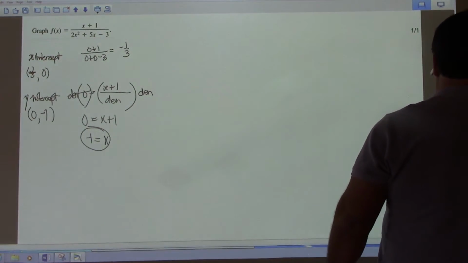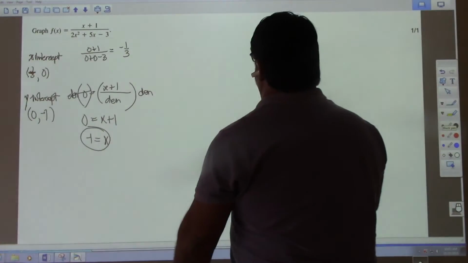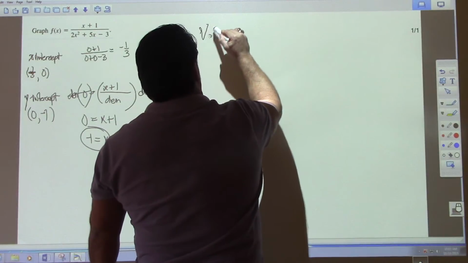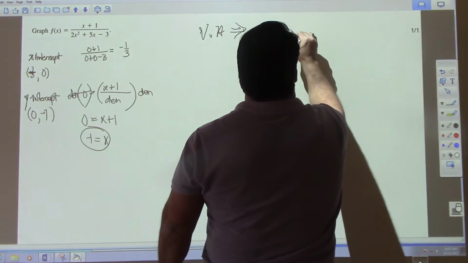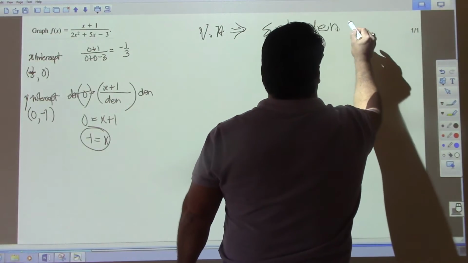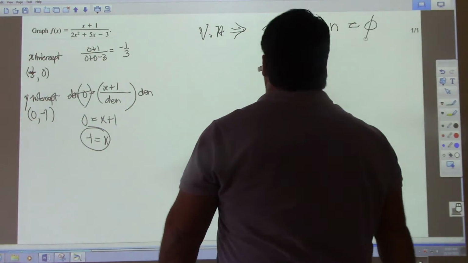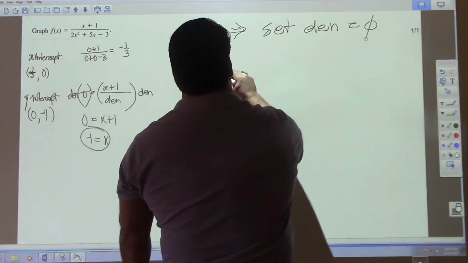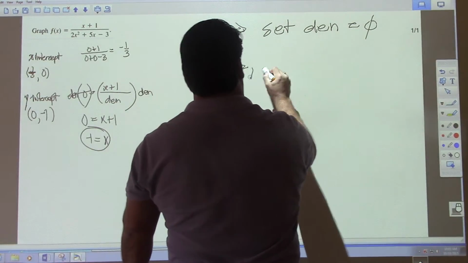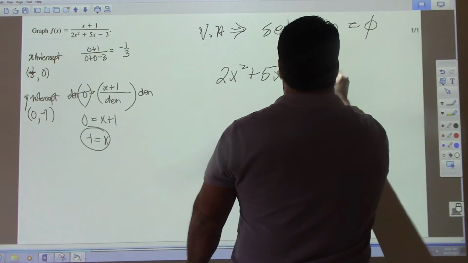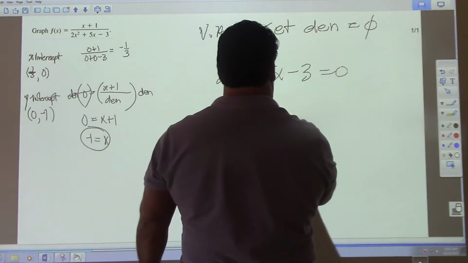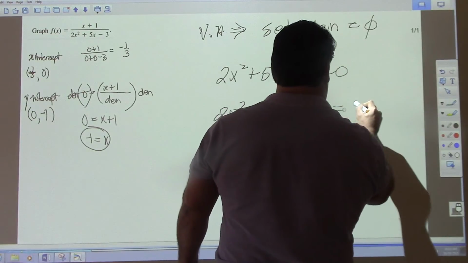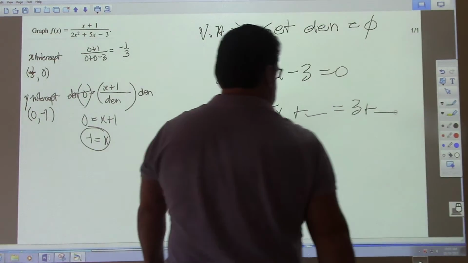Now add what we're doing. Well, vertical asymptote. Set the denominator equal to what? 0. 2x squared plus 5x minus 3 is equal to 0. 2x squared plus 5x plus blank is equal to 3 plus blank.